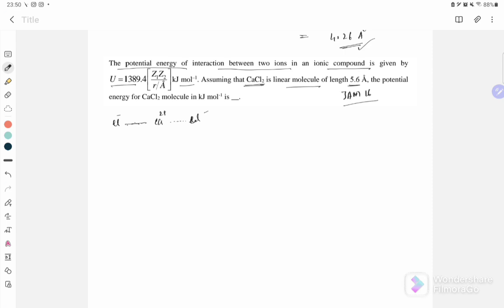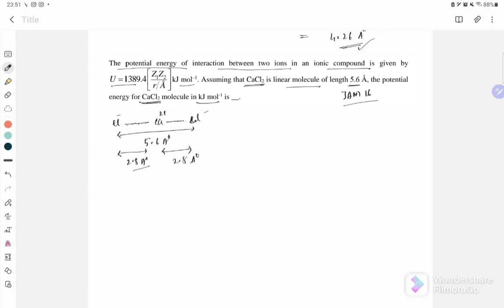Overall length is given, that is 5.6 angstrom. So this is half, 2.8 angstrom. This is also half, 2.8 angstrom. We need the potential energy of CaCl2 in kilojoule per mole.